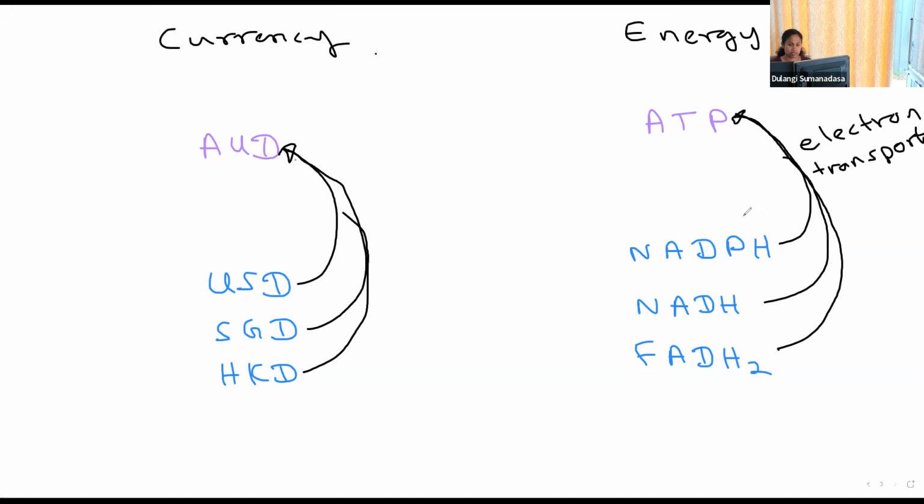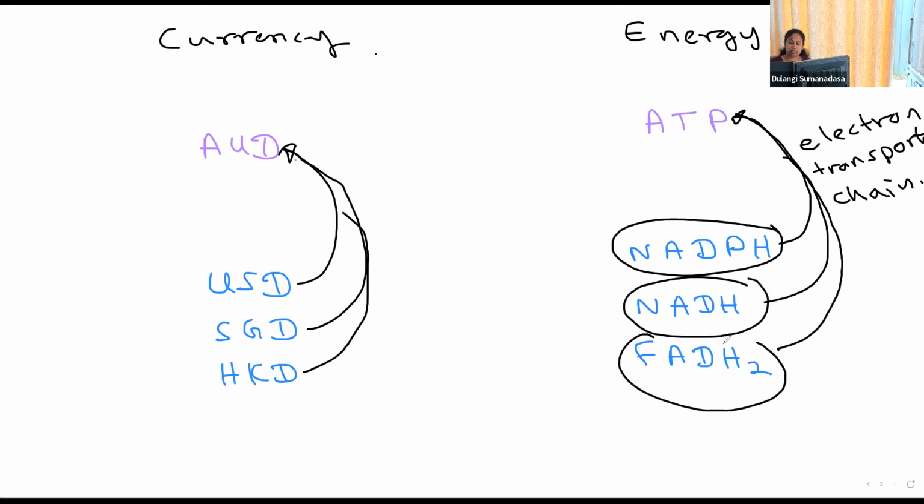So the conversion takes place inside a reaction called the electron transport chain, or system. Wherever you see these other types of sources, at one point they must undergo the electron transport chain to convert their energy into ATP. I will ask a question from this later, but remember this.